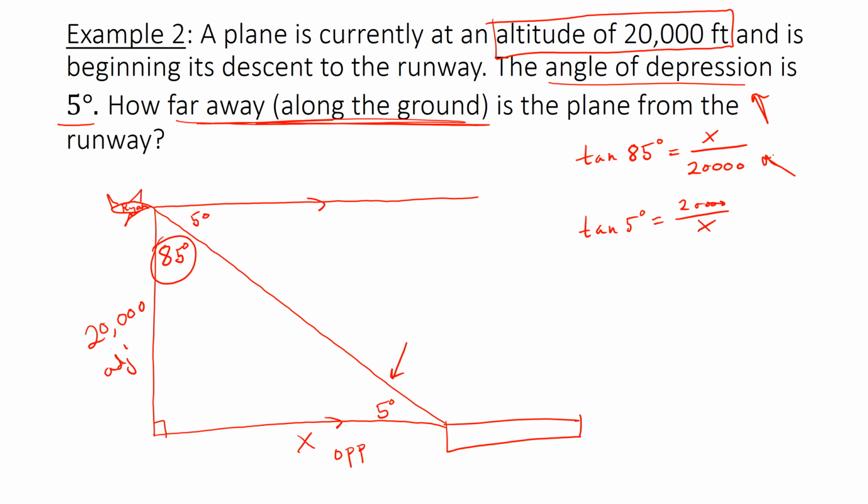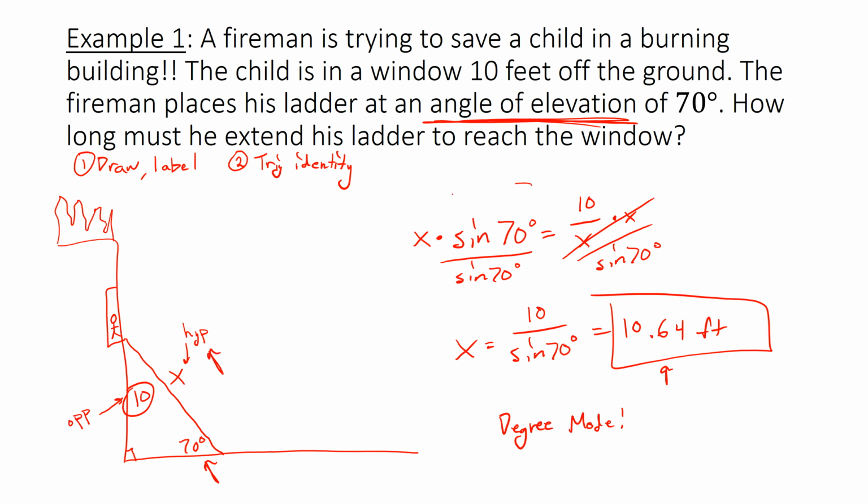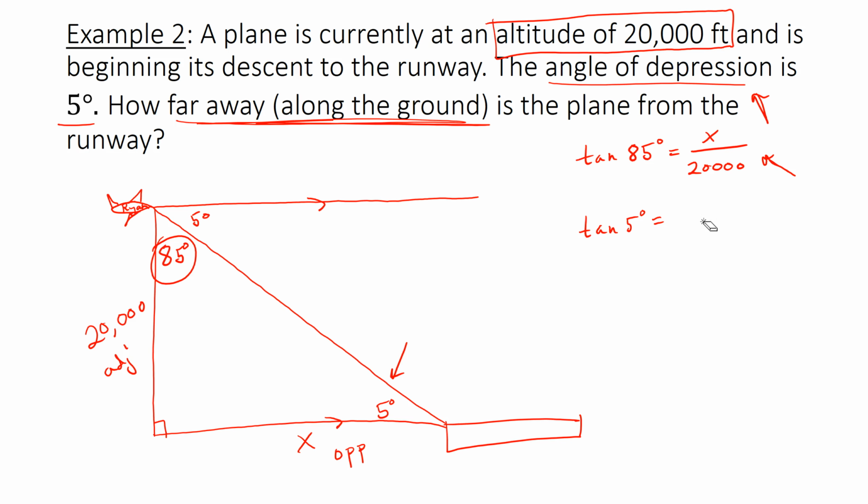This one's going to be slightly easier to solve because I don't need to take that initial first step of multiplying by x that I did here. Instead, if I use the 85-degree angle, all I have to do is multiply both sides by 20,000. And so x is going to equal whatever 20,000 times tan of 85 degrees is.